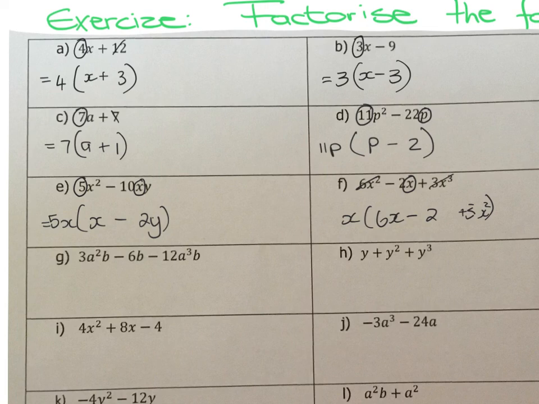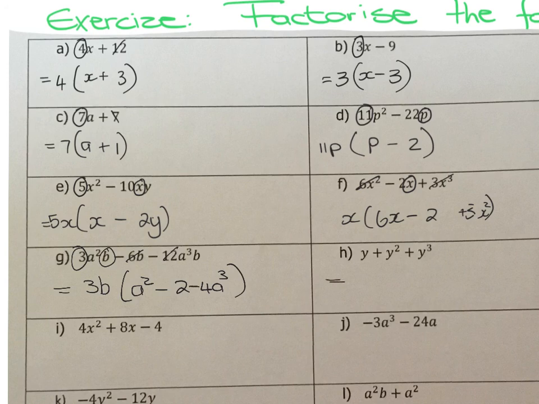Number G. Here my common factor will be 3. I make a circle around my 3. And it won't be any a's, and it will be a b. So let's see what happens. I'll have left here a squared minus this one. There'll be only 2 left, and on this one, there'll be 4a cubed and no b left because the b is already on the outside.